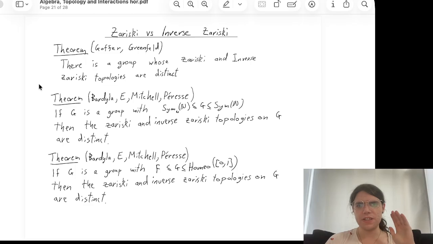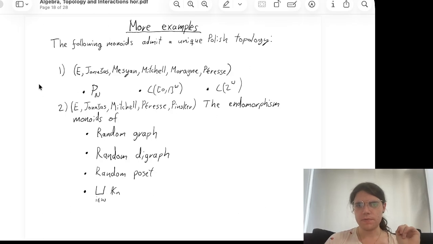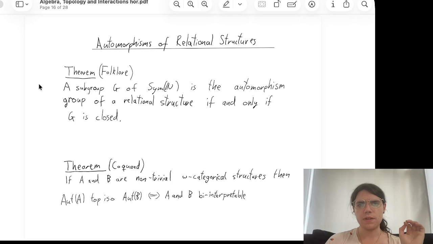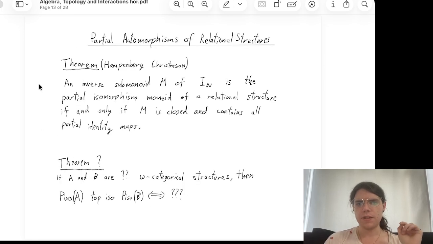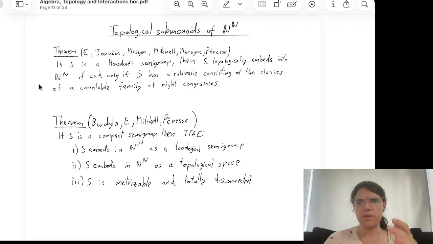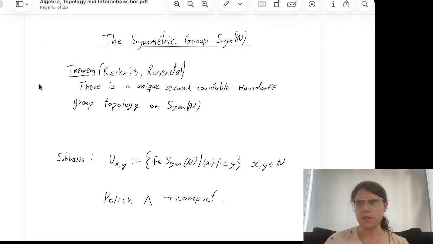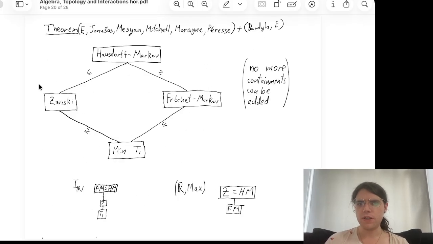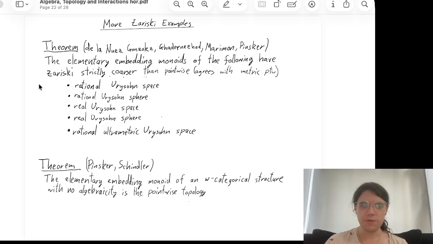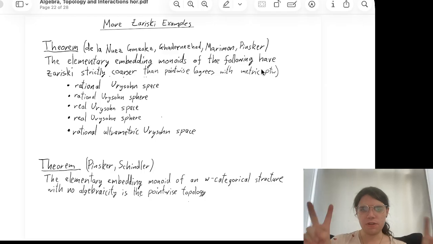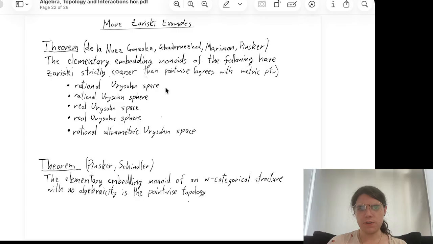So in the examples I mentioned before, like if I'm looking at the endomorphism monoid of a structure, typically the topology I'm trying to construct is the pointwise topology. So this gives us an example where you can construct the Zariski topology, but it's not the pointwise topology, or at least not the usual one. In this case, you get the sort of the metric pointwise topologies for all these Urysohn spaces. And this is strictly smaller than the usual pointwise topology. So you don't always get the pointwise topology, but you do in loads of cases.